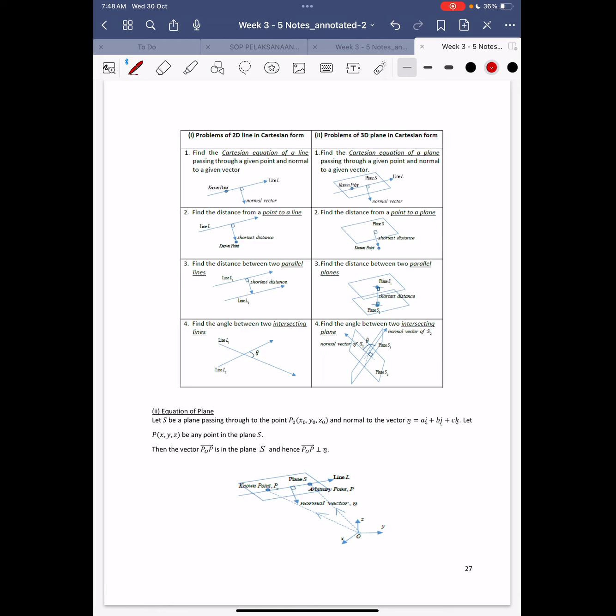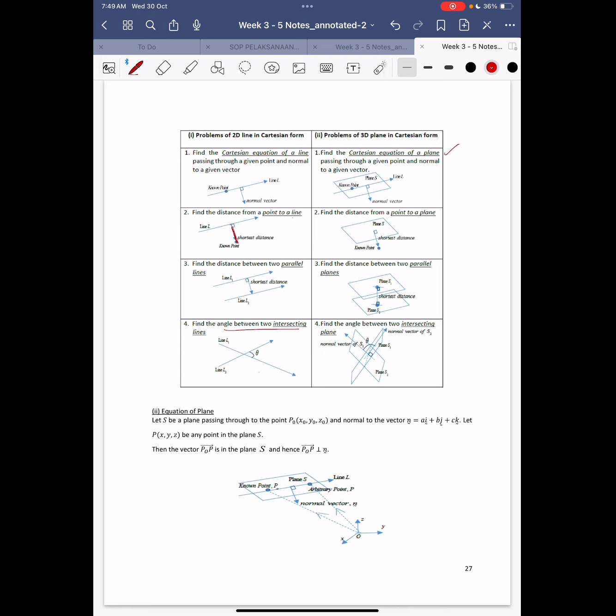Alright, so these are the situations when we have 2D and 3D in Cartesian form. We can find the Cartesian equation of a line as given in the example just now, and also the shortest distance between a point and a line, and also the distance between two parallel lines, and the angle between two intersecting lines. Whereas with the 3D plane, we can find the Cartesian equation of a plane passing through a given point and normal to a given vector.